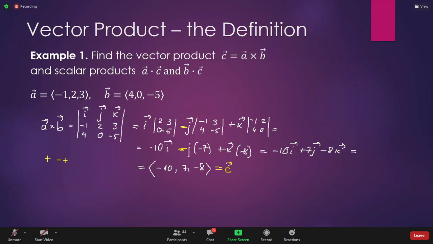Actually, it is possible to think of the product of these 2 vectors in a vertical form in some sense. For example, I could write vector A, minus 1, 2, 3, in vertical form, times vector B, which is 4, 0, minus 5.